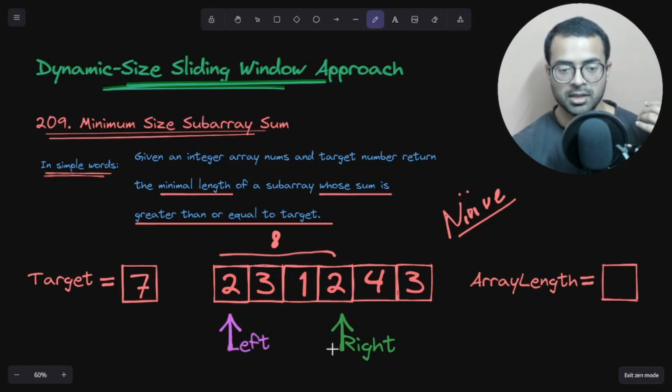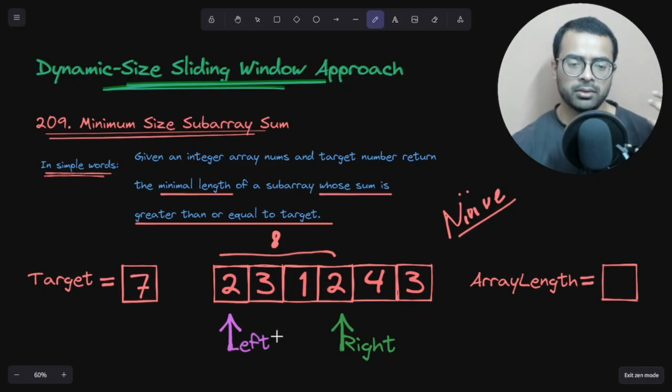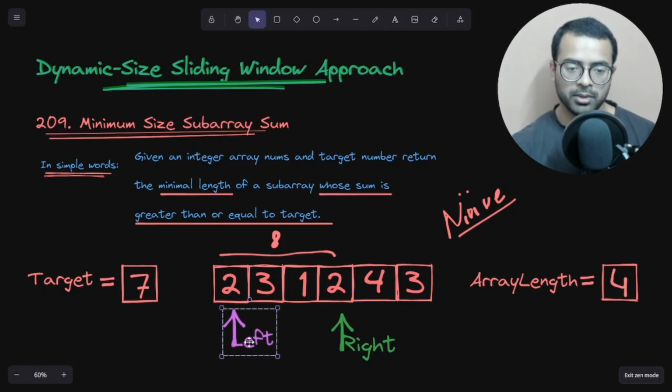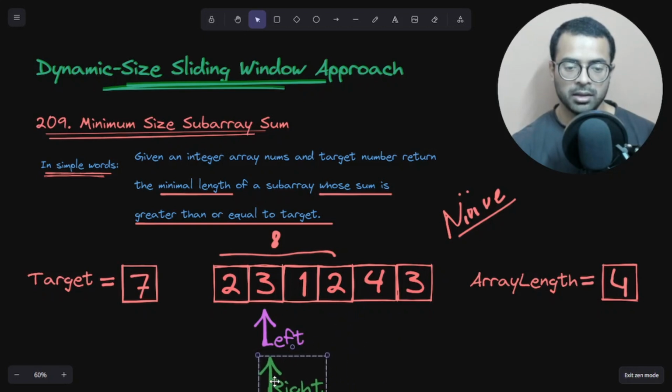So the length here is 0, 1, 2, 3, so it means there are 4 elements. In simple words, the formula can be right minus left plus 1. Okay, so there are 4 elements in this subarray. Now whenever we find either 7 or greater than 7, we are going to update left to move one step forward, and then right will start just from left.